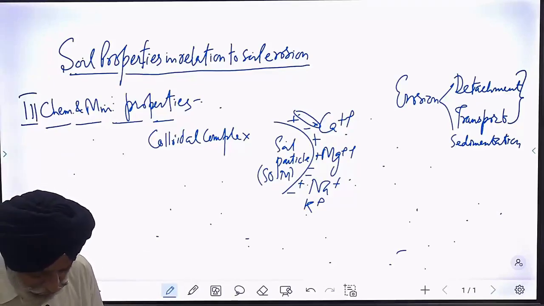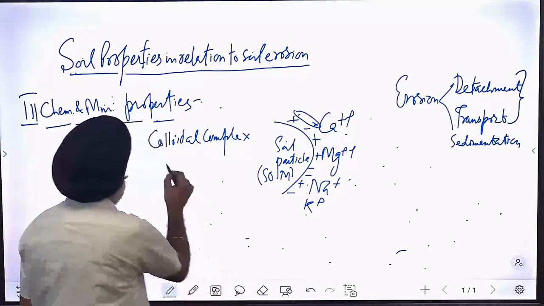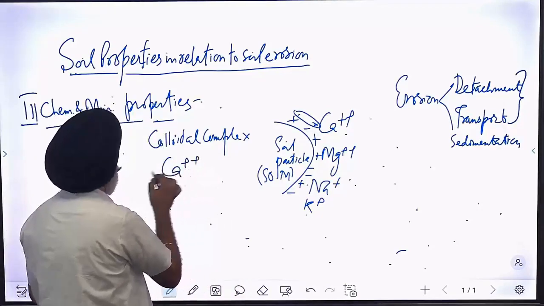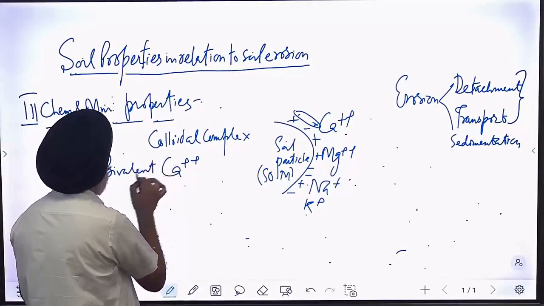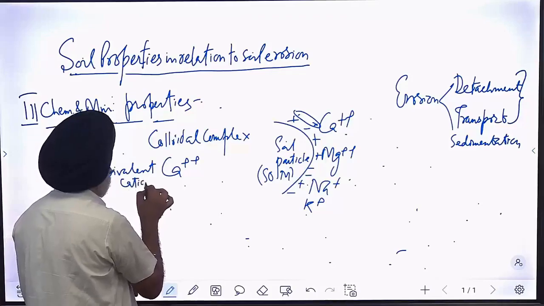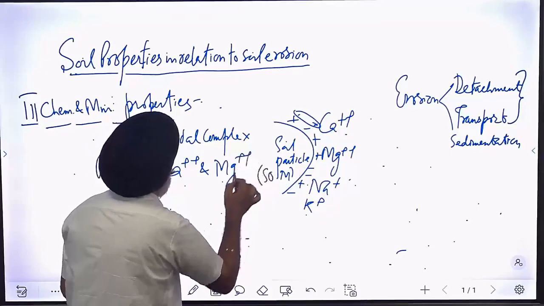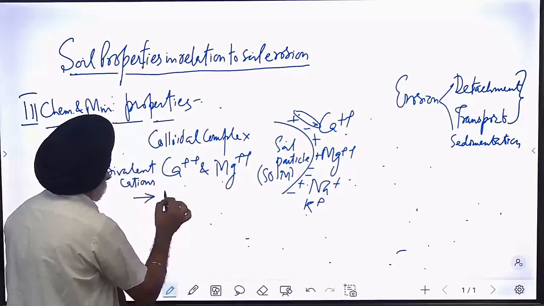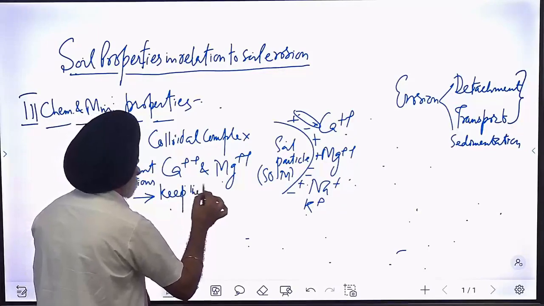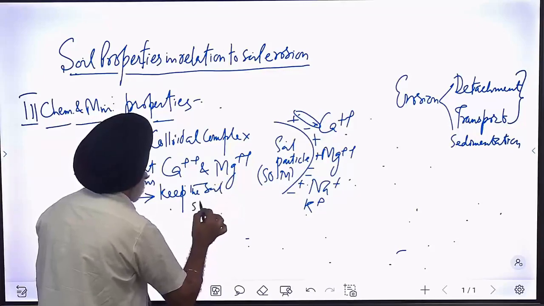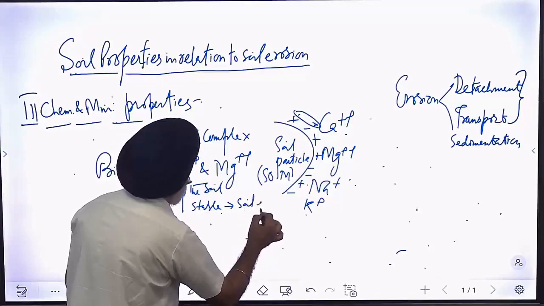So here the exchangeable cations, the bivalent cations like calcium and magnesium, keep the soil stable and soil erosion is less.